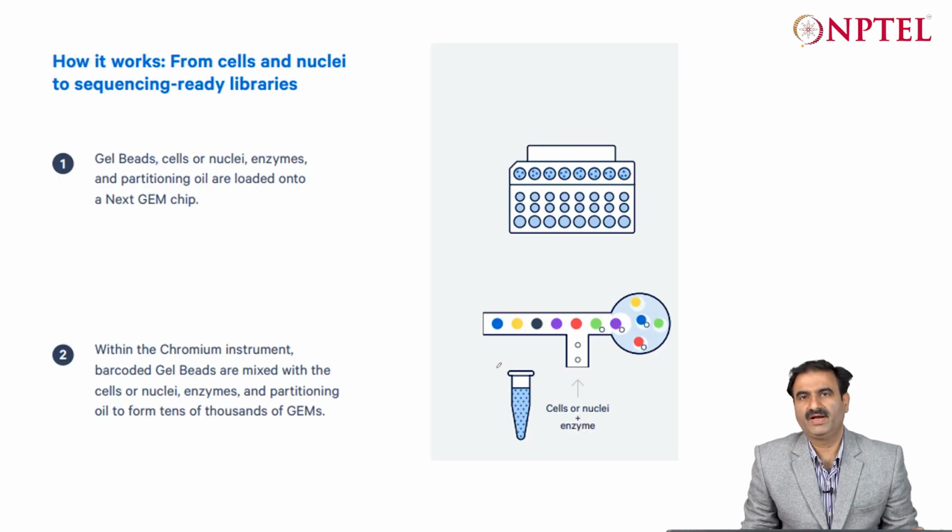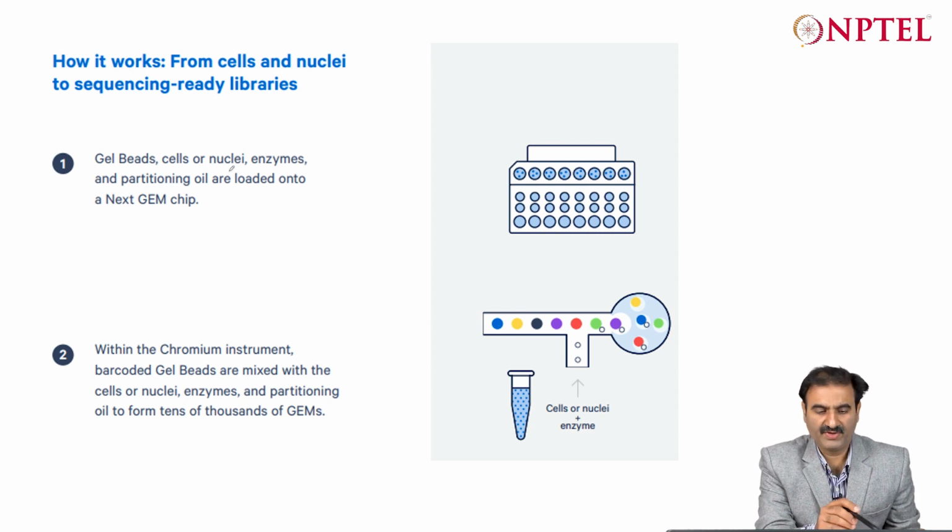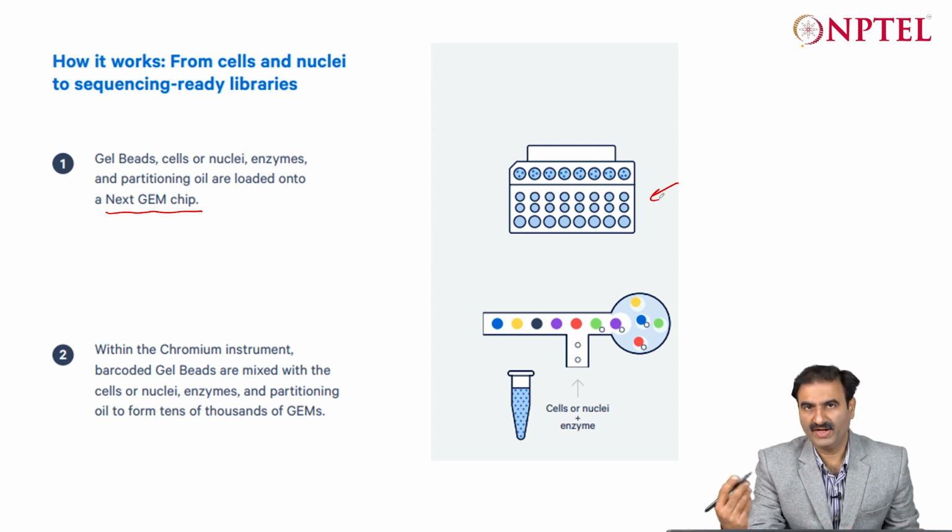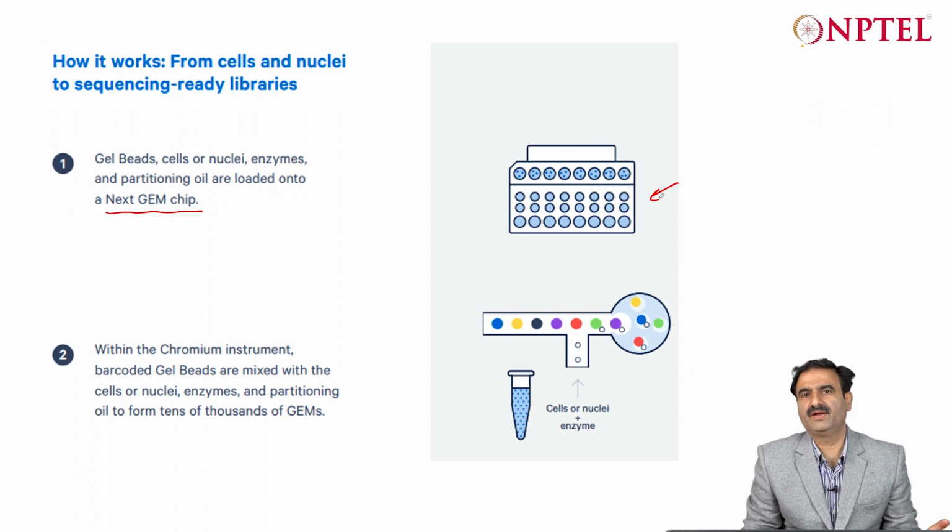How it works is you will have the gel beads, cells or nuclei, and enzymes, and these are loaded into the GEM chip, which looks something like this, right? This goes into the Chromium instrument. This is on the chip, and it's a fast process also. In a few minutes it can produce the libraries. You can see the beads going through, and cells, nuclei and enzymes are pushed from here and attached to those beads.